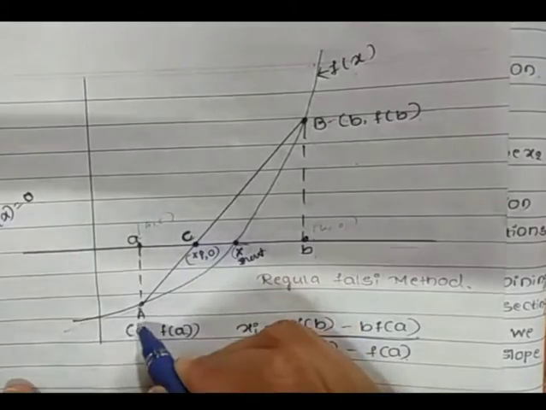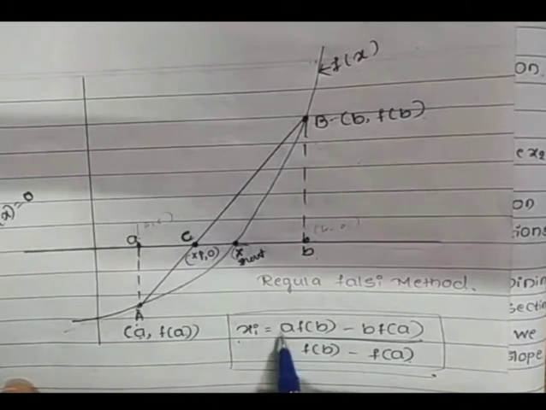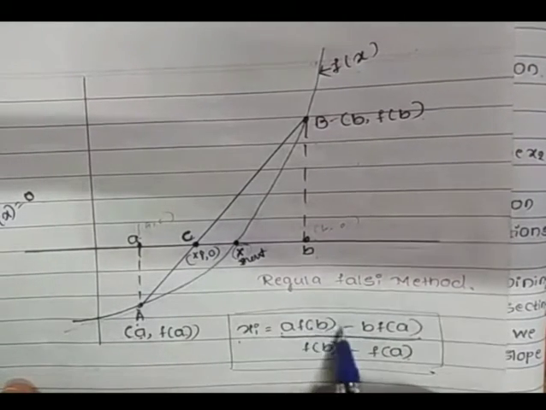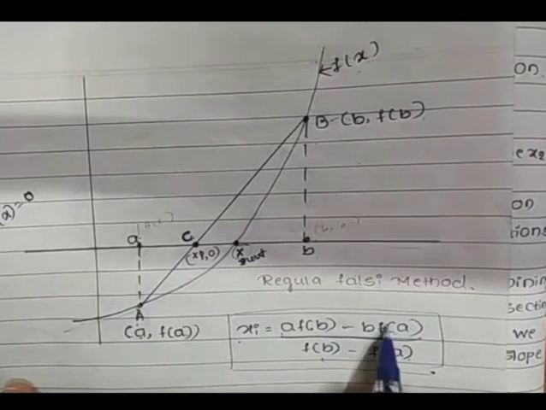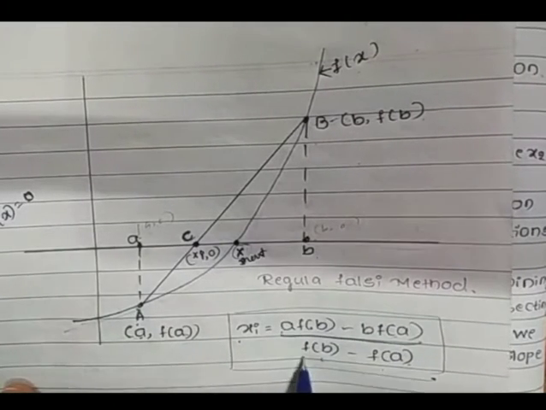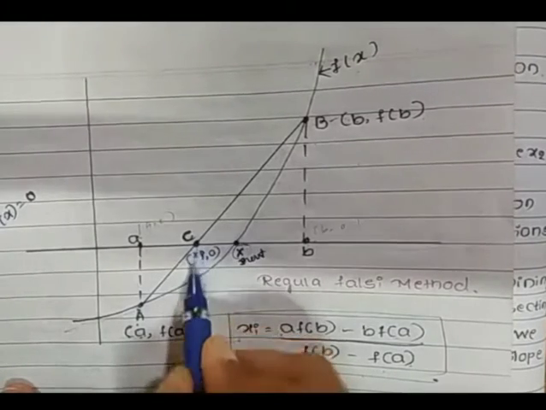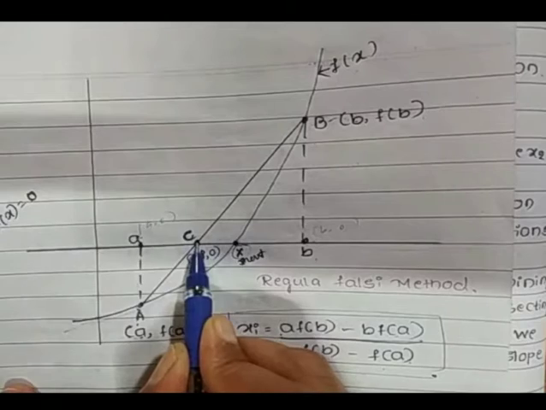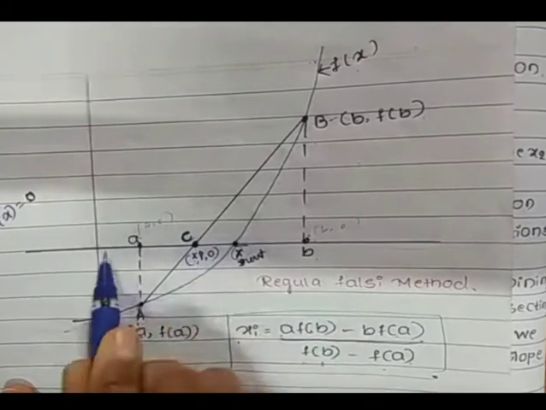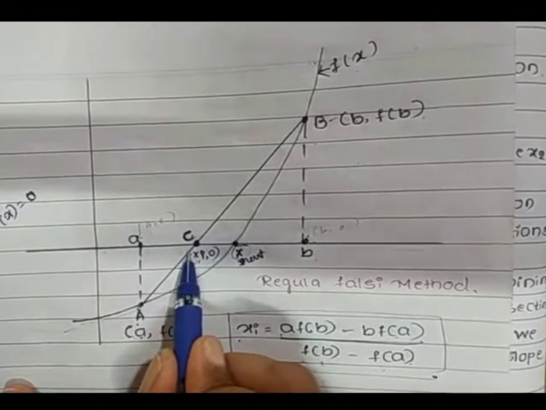So using this point A and point B, we have derived one formula, that is xi is equal to a into f of b minus b into f of a divided by f of b minus f of a. With the help of this, we calculate this xi value. Once we get this xi value, first the interval is a to b, then we calculate xi.